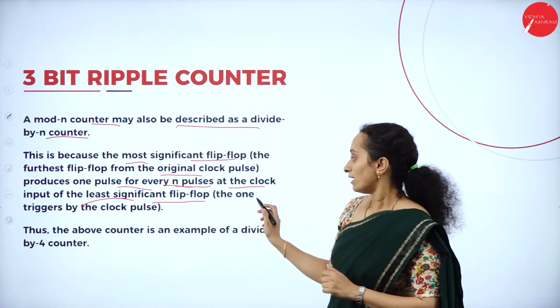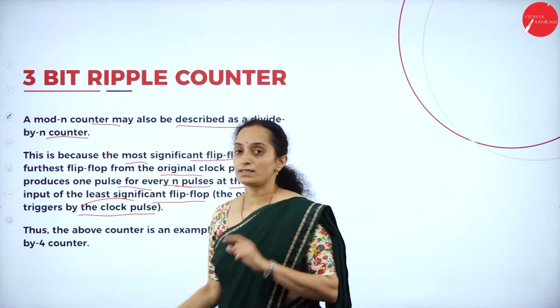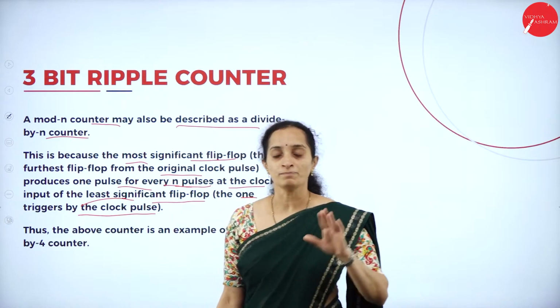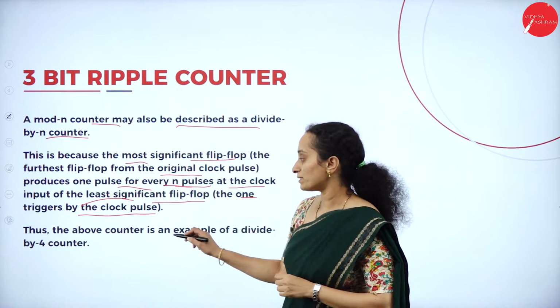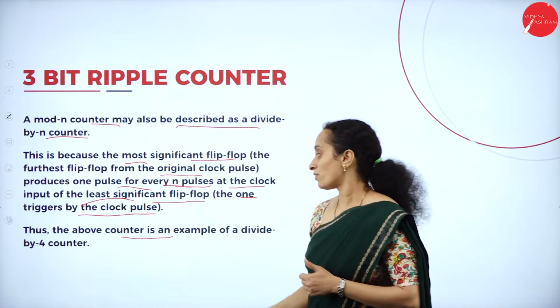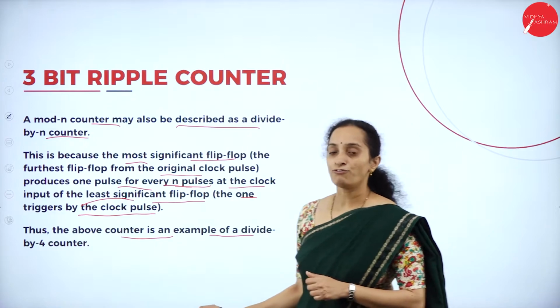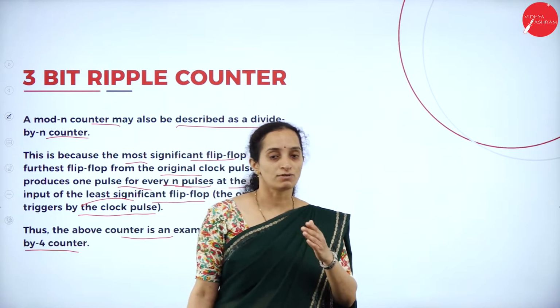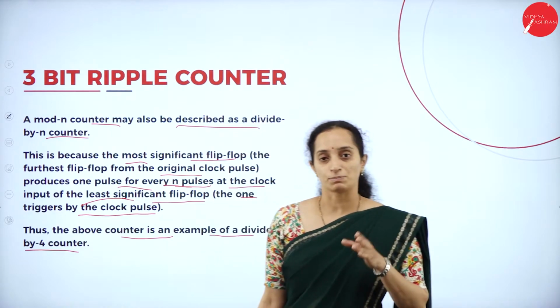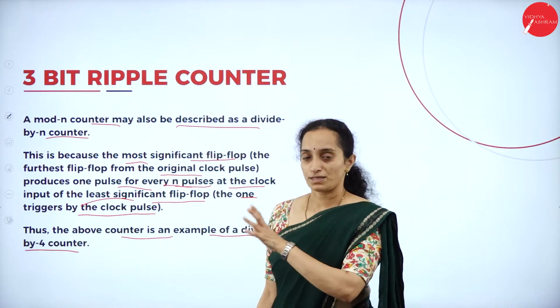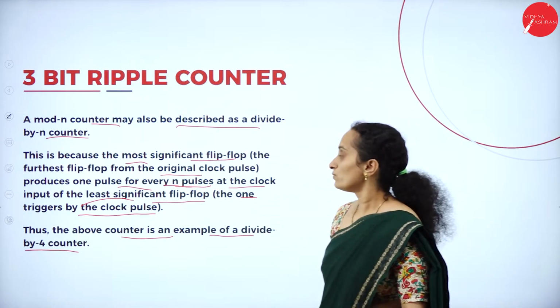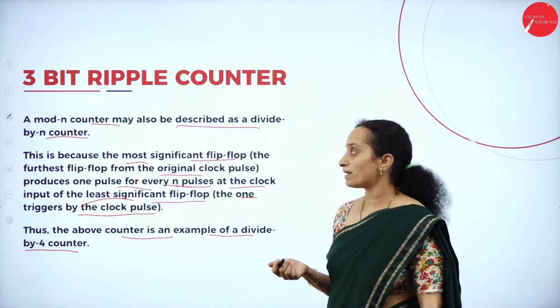The 1 is triggered by the clock pulse, whenever 0 changes to 1 with the clock pulse. So the above counter is an example of a divide by 4 counter. You are going to divide it by 4 pulses.